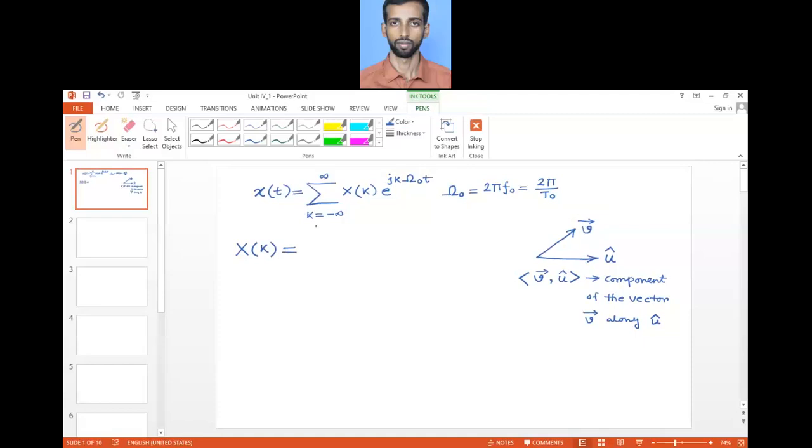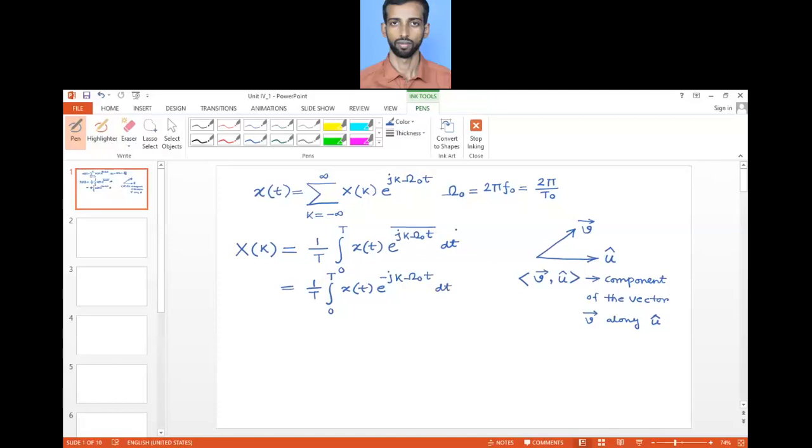Since x of t is periodic in nature, instead of integrating from minus to plus infinity, we can integrate from 0 to T, x of t, and then e to the power j k omega naught t conjugate dt, which is equal to 1 by T, integration over 0 to T, x of t e to the power minus j k omega naught t dt.